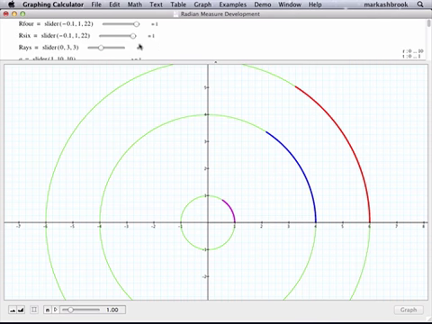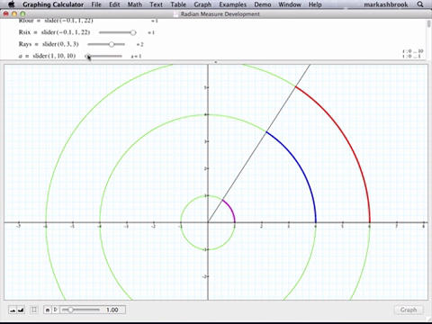If the initial side is the x-axis here, and the terminal side is where the arc ends, they all sweep out the same angle or openness of those rays, right?